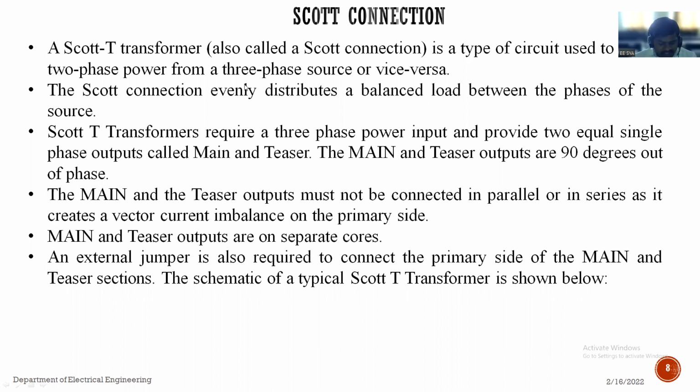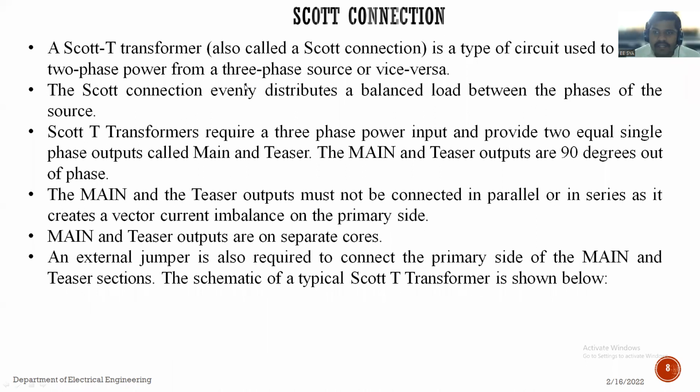In the previous lecture, we discussed the Scott connection, or we can call it a T connection, which is nothing but three-phase to two-phase conversion, or two-phase to three-phase conversion. In the Scott connection, we are using two single-phase transformers.